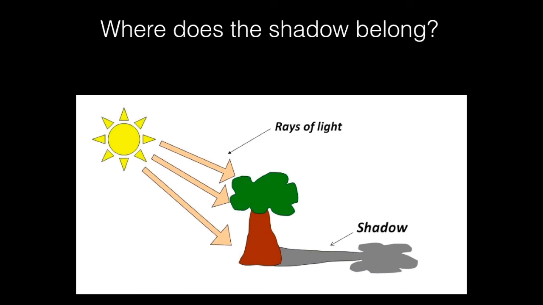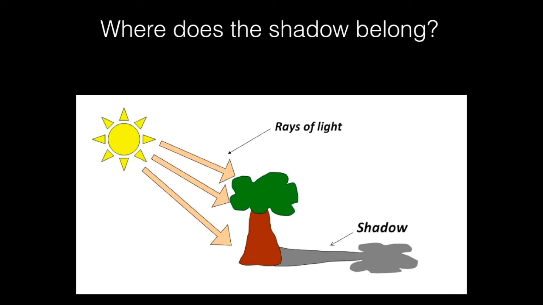So, where does the shadow belong? An artist does not just randomly paint shadows. There is a reason that the shadow is where it is. In this picture, you see the sunshine. That is our light source. And from the sunshine, you see those arrows pointing to the tree, which is our object.